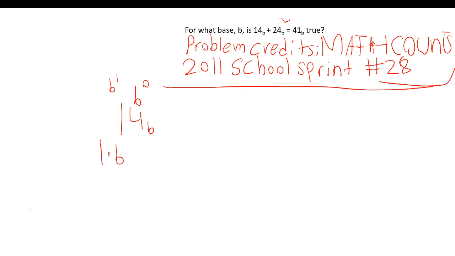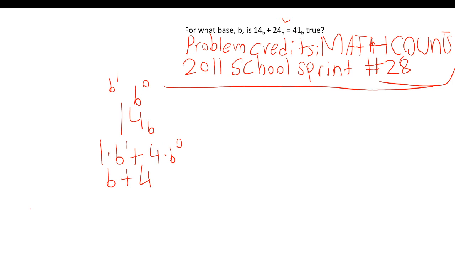We have 1 times b to the 1st power plus 4 times b to the 0th power, which is 1 times b, which is b, plus 4 times b to the 0th power. b to the 0th power is 1, and 4 times 1 is 4. So we've expressed 14 base b as b plus 4, using our conversion methods, and this is base 10.